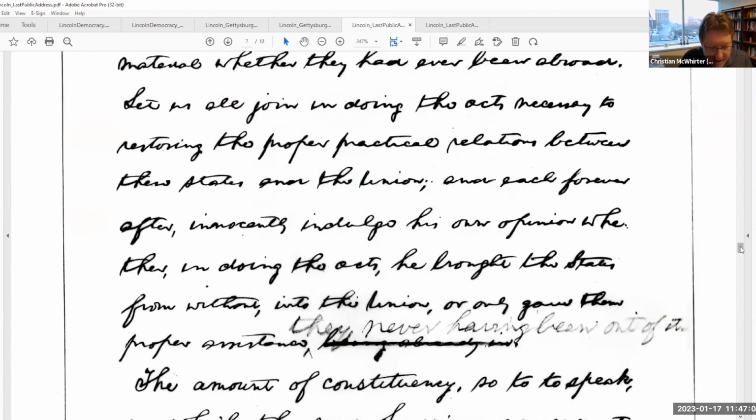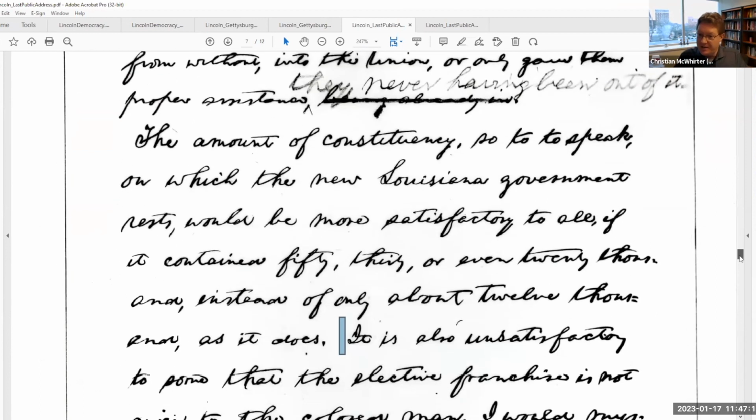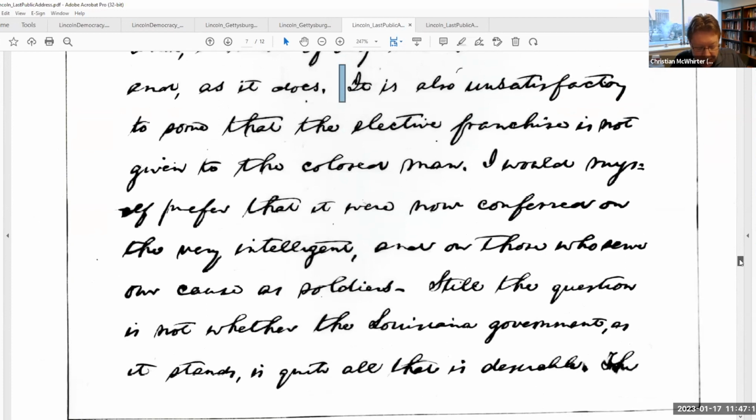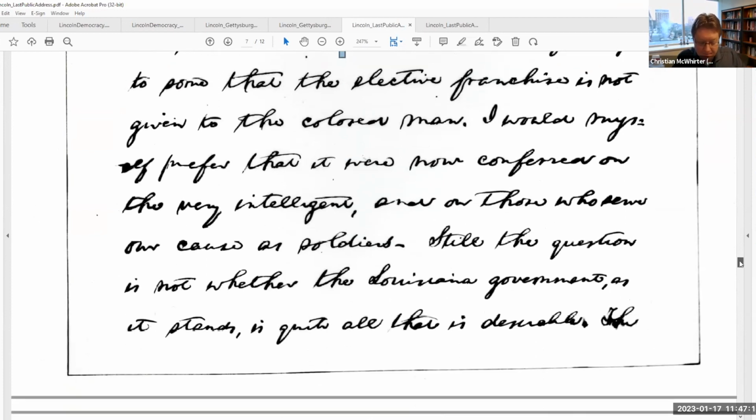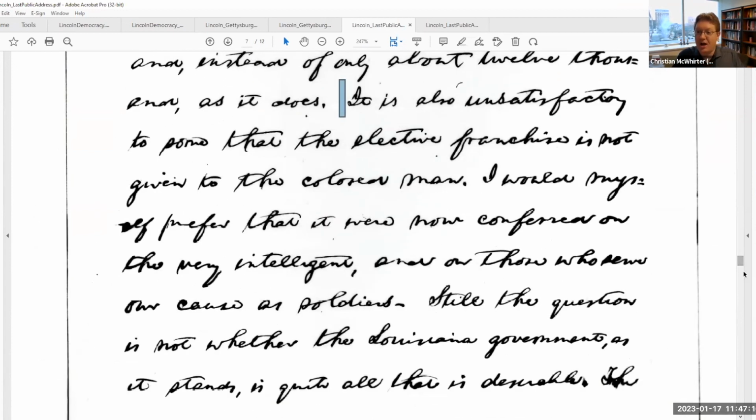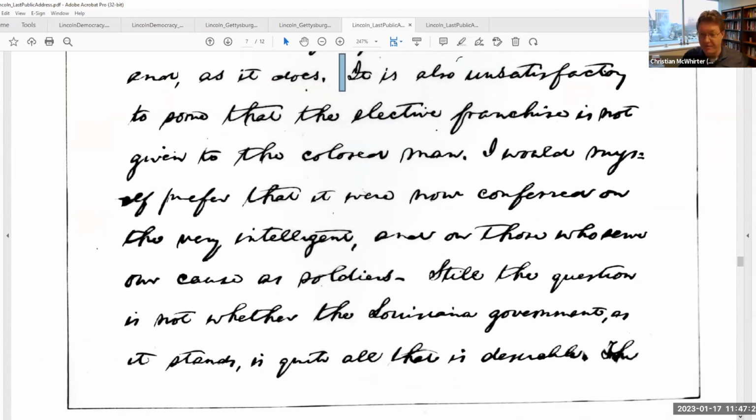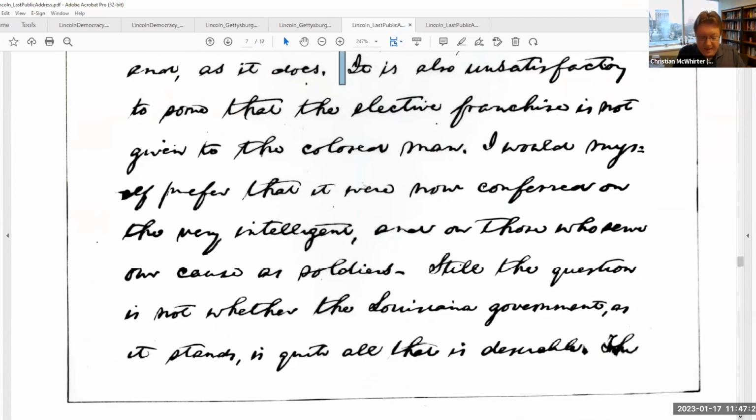Lincoln says, okay, he's talking about Louisiana. He says, "It is also unsatisfactory to some that the elective franchise" (a fancy way to say the vote, all right? Voting rights) "is not given to the colored man.